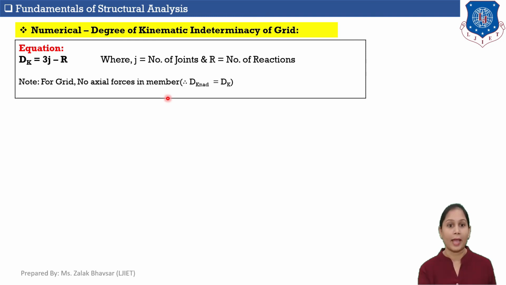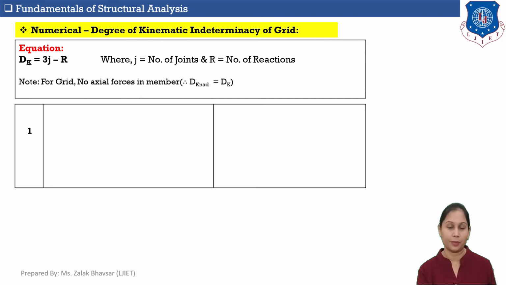It means axial deformation in case of grids is equal to 0. So if we neglect axial deformation, then the answer of dk/NAD will be equal to dk. So remember that for grid structures, degree of kinematic indeterminacy dk is equal to degree of kinematic indeterminacy after neglecting axial deformation.